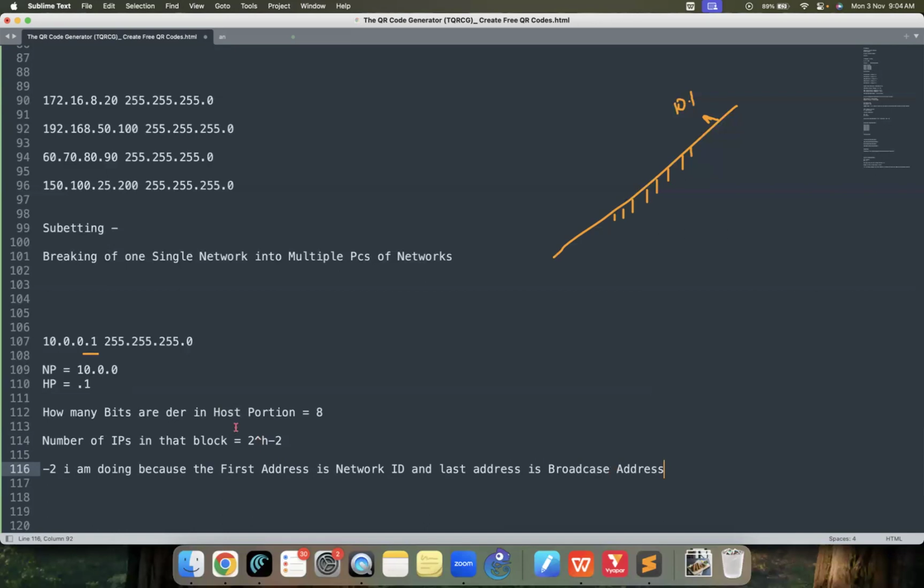What is the host bits count now? 8. 2 to the power of 8 means 256, minus 2 is 254.